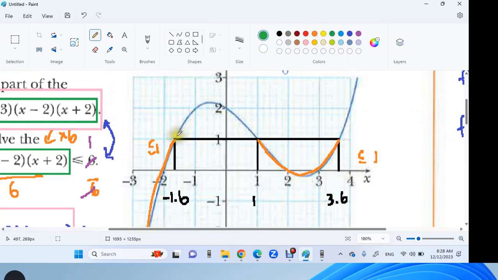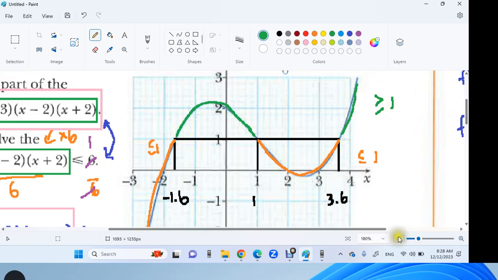The other two parts are greater than or equal to 1, or greater than 1. Whether there is equal or not depends on the question. If the question has equal, then you write equal; if the question doesn't have equal, then you don't need to write equal.